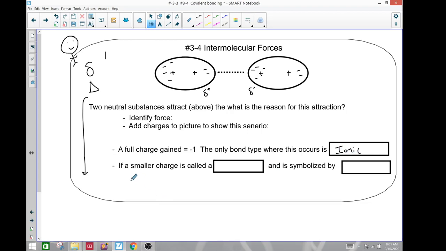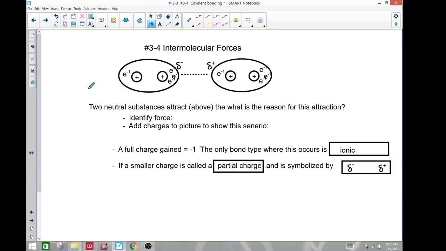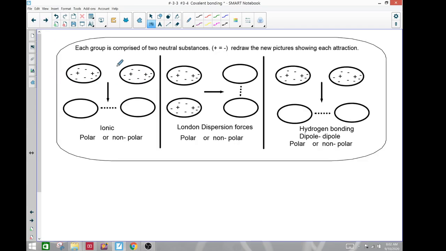A smaller charge is called a partial charge, and is symbolized with this little guy here, negative or positive. All right, there's that. I kind of just drew that all out.